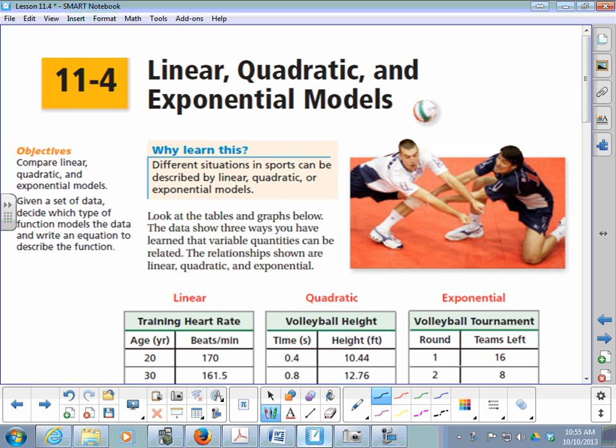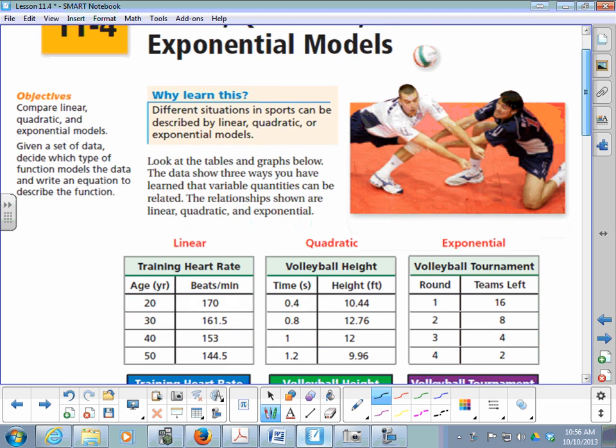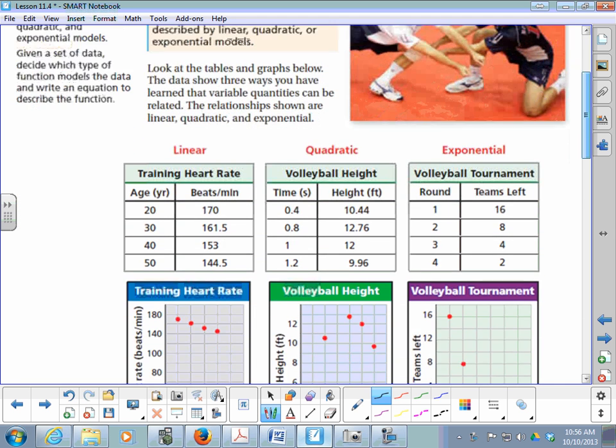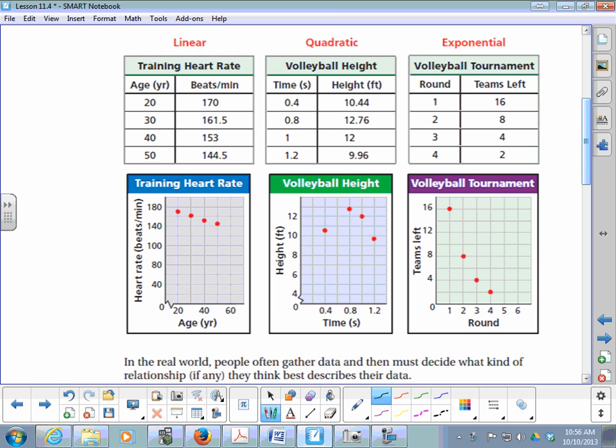And with linear, quadratic, and exponential models, the big thing is how they change. We have looked at these things before, so hopefully this will be just a quick reminder for you. When we're looking at linear functions, it's either going up or going down by the same amount each time.